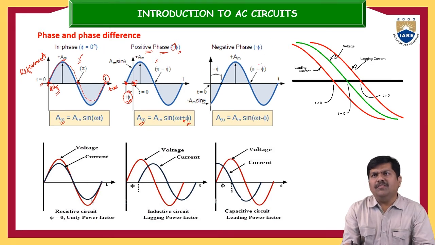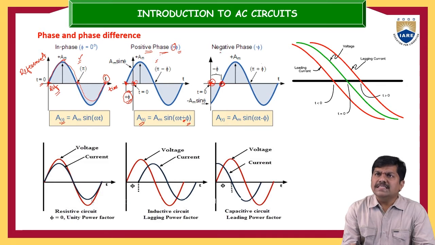Now coming to the third one. Here t is equal to 0 is our reference point. Now instead of here, this is originating at some other point. So this is not advancing, neither starting at the reference point, it is lagging. So it is behind the t is equal to 0 point. This is the angle of lagging.